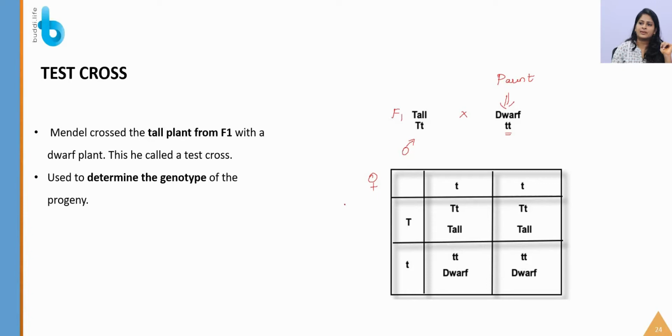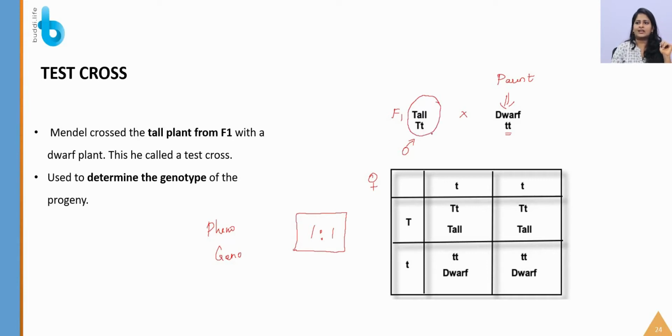But to his surprise, the ratio was 1:1. So if one tall plant was produced, one dwarf plant was produced. So both the phenotypic, that is external appearance, and the genetic makeup ratio were 1:1. With this he concluded that one recessive gene should be present in this heterozygous tall plant.